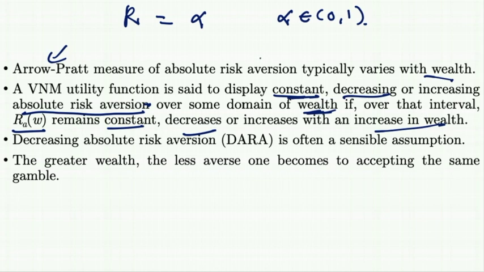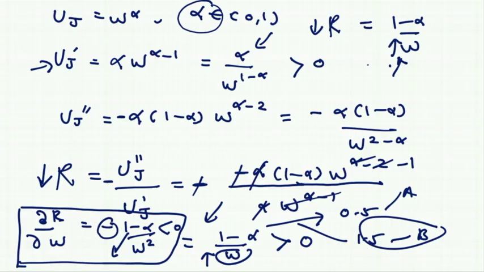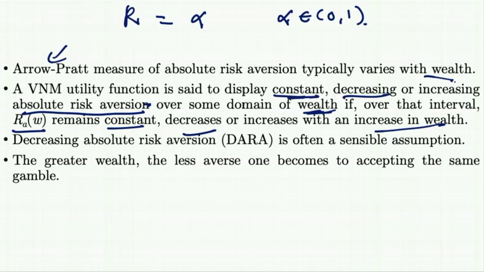The second one here is the one that we have for our example. Can you see? As wealth increases, the coefficient of risk aversion for the von Neumann utility function of that person is decreasing. So we have a negative relationship, isn't it? And for the risk-loving person, the opposite will hold.